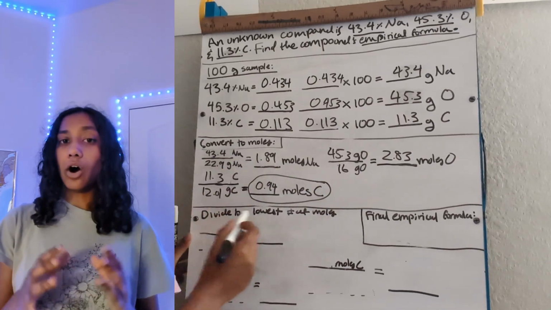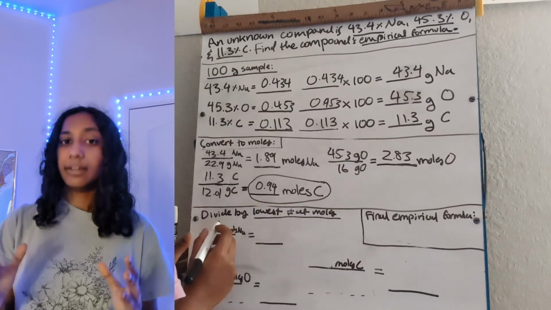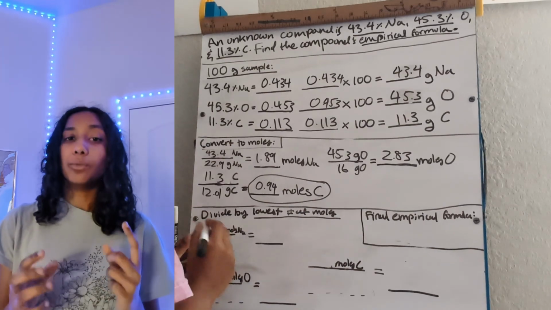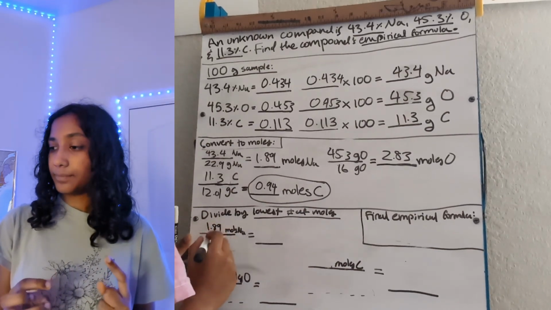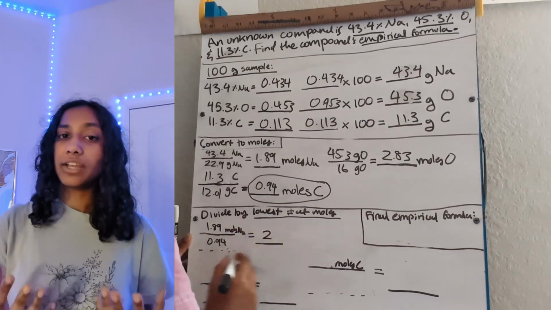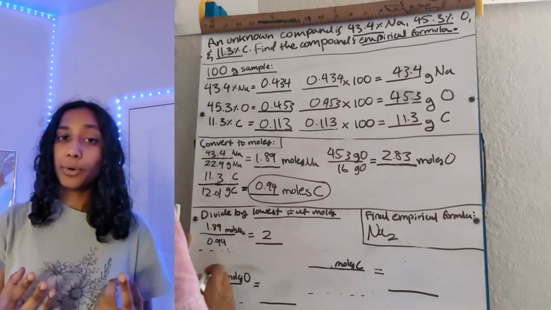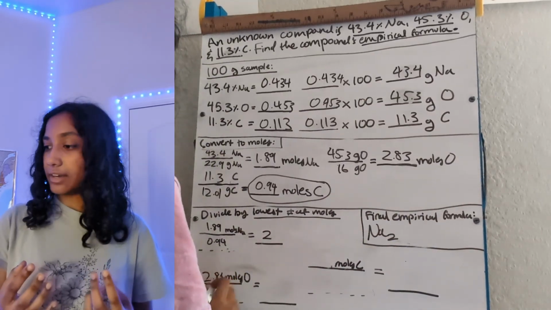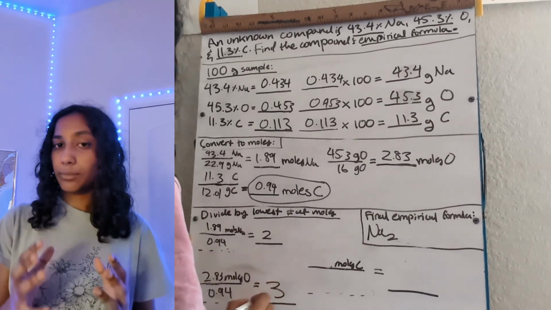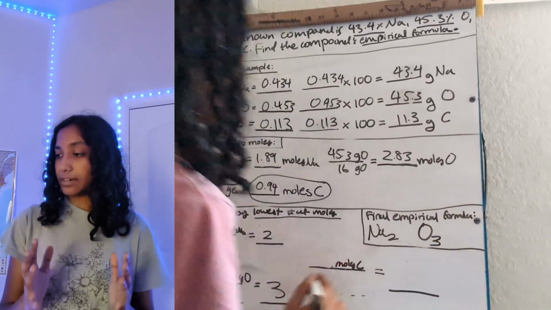We're going to divide all the moles of the atoms by the number of moles of carbon to get us the ratio of the atoms in the compound. 1.89 moles of sodium divided by 0.94 gives us roughly 2, so the ratio of sodium in the compound is around 2. 2.83 moles of oxygen divided by 0.94 moles gives us roughly 3 moles of oxygen, so the ratio of oxygen in the compound is 3.